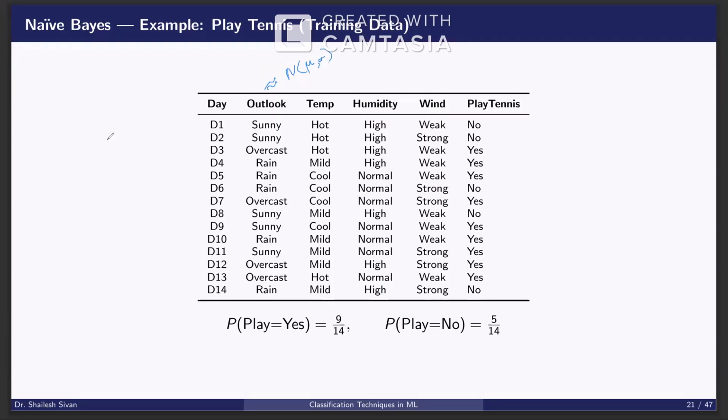Then for a given value, we can actually find out the probability of that particular thing. Hope it is clear, right?